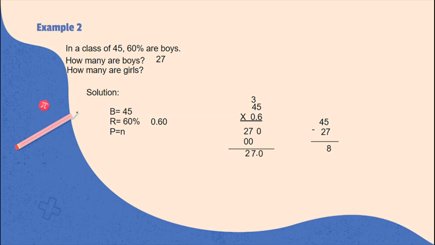We cannot subtract 5 minus 7, therefore we need to borrow from 4. So 5 here will be 15. 15 minus 7 is 8. And 3 minus 2 is 1. So the number of girls in the class is 18. There are 27 boys and 18 girls in the class.